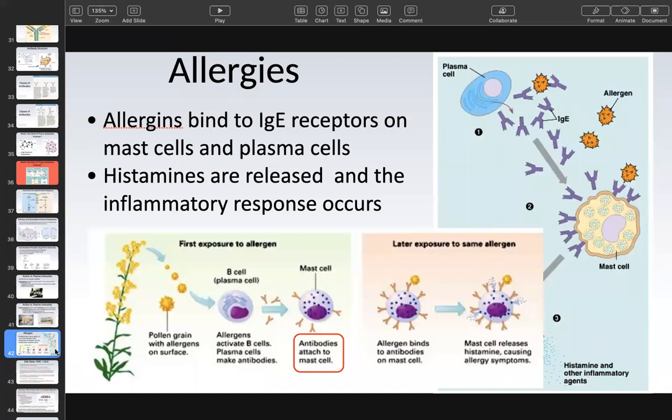This is why an antihistamine, like Claritin, will provide symptom relief for patients who suffer from moderate to severe allergies during allergy season.